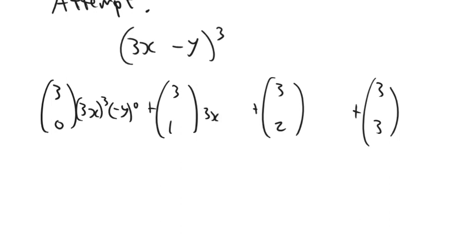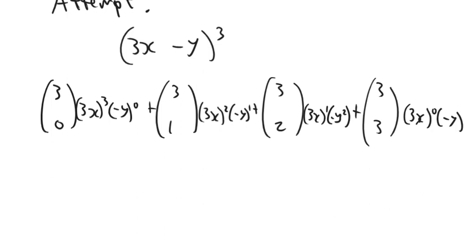Then 3x, the power goes down by 1, so it's 2, and my minus y is to the power of 1. My 3x then goes to the power of 1, and minus y is to the power of 2, and 3x is to the power of 0, and minus y is to the power of 3.